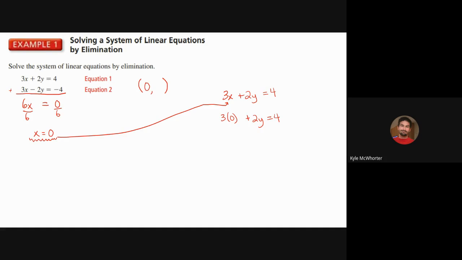Anytime I substitute in for a variable, I always replace the variable with empty parentheses and then put whatever is inside there. That's a good habit to start because that'll help you keep track of negative signs later on.